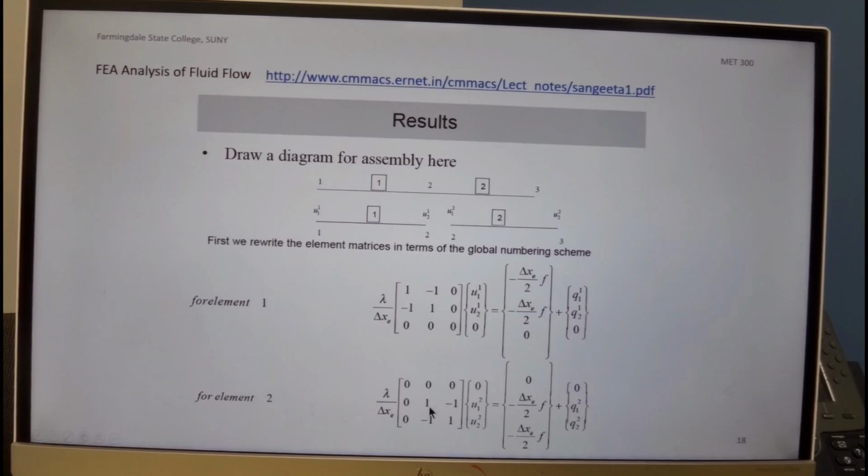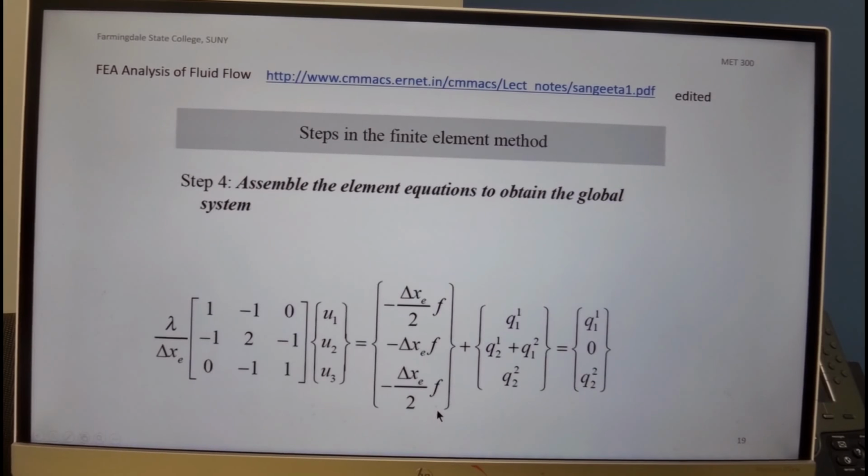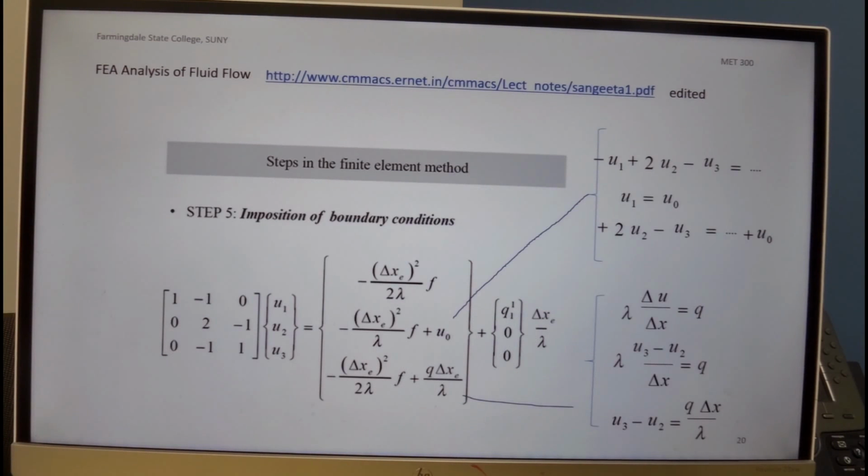This is the line for node 2, and this is the line for node 3, so the matrix is placed globally in this location. When we assemble the matrix with all the elements and sum them up, the final matrix equation is derived.